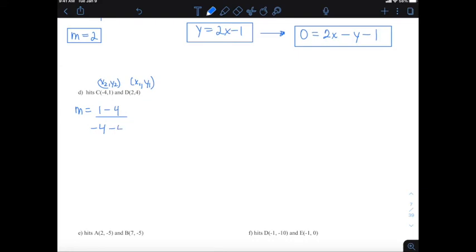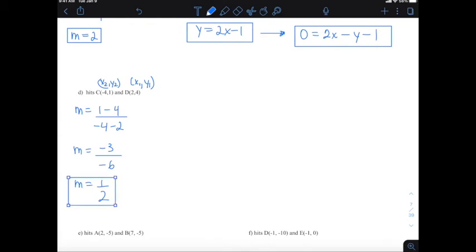So I get -4, subtract 4... Oh, I made a mistake. -4 subtract 2. So I get -3 over -6, so my slope is 1/2.